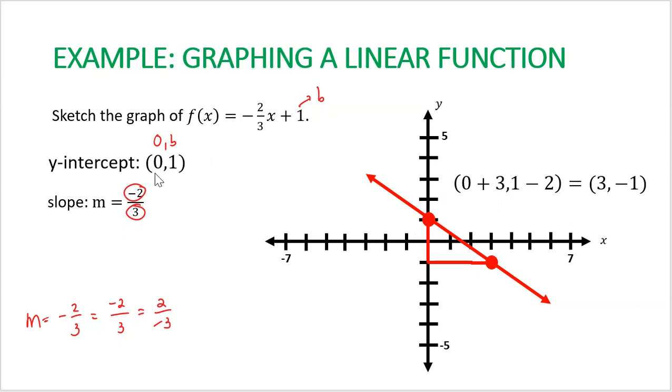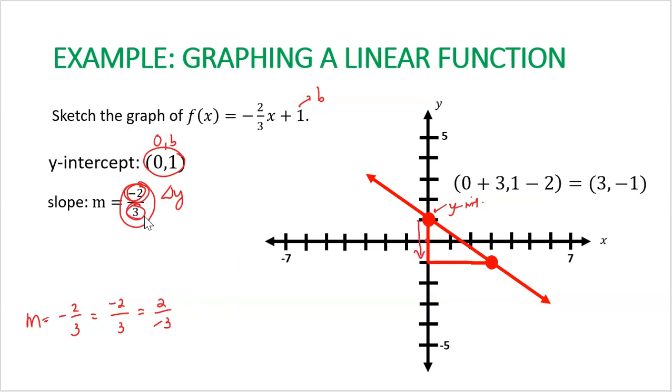So first, we will plot the y-intercept, which is 0 comma 1. So from the origin, we move 1 unit upward. So this is the y-intercept. And then from the y-intercept, we shall generate a second point of the line. So the second point shall be determined through the use of the slope. So since the change in y is negative 2, from the y-intercept, we're going to move 2 units downwards.